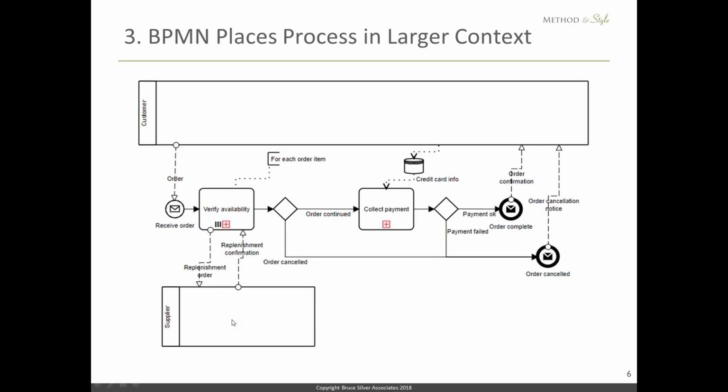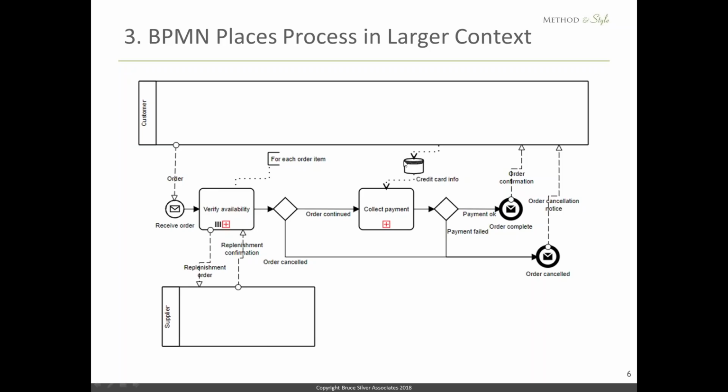We can't really see what's in them, but we understand all the interactions that our process has with these external entities in two forms, these dashed lines called messages or message flows. Customer sends an order message to the process, and the process sends a replenishment order message and gets a confirmation back, etc. That's the main form of interaction with the outside world.